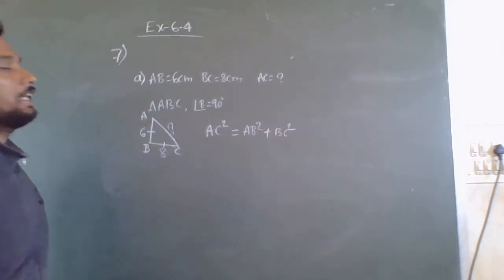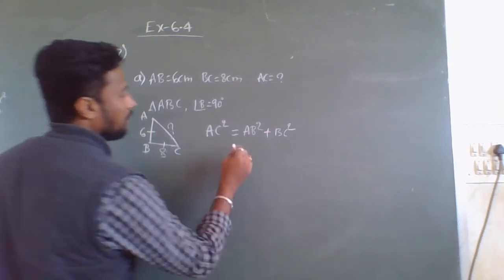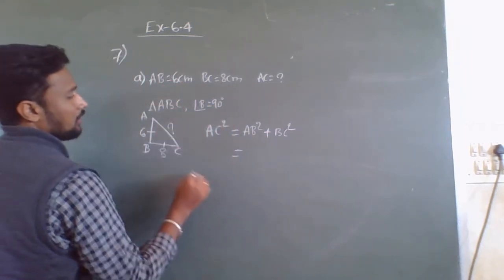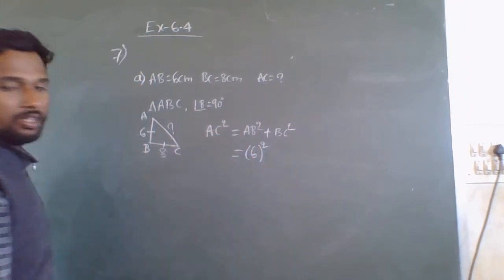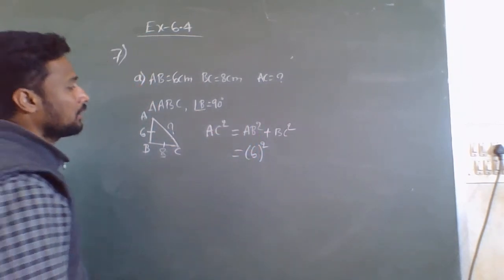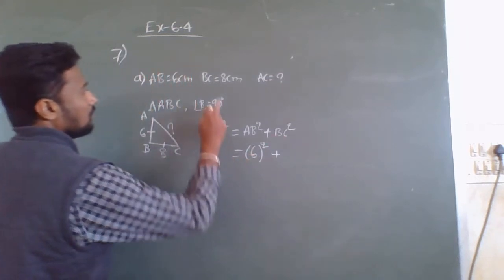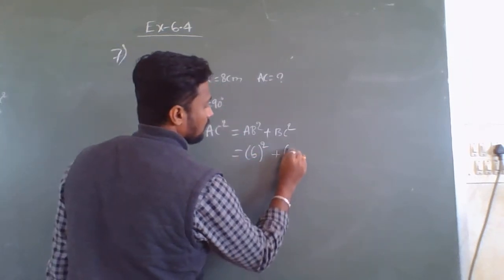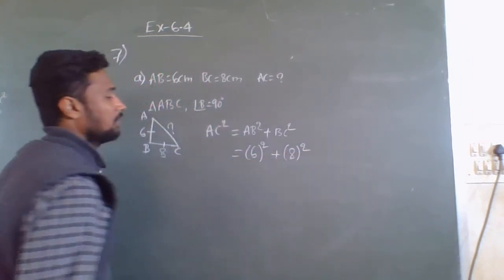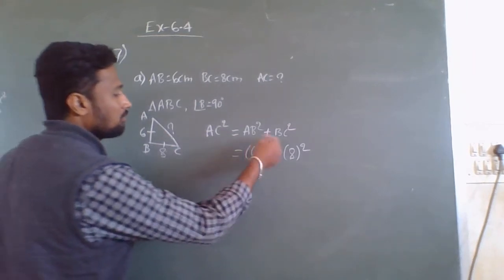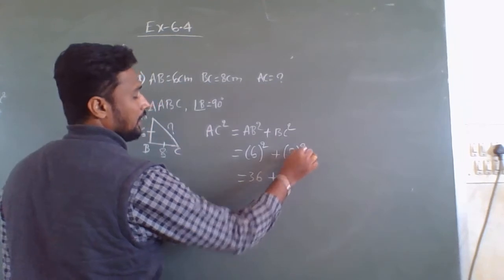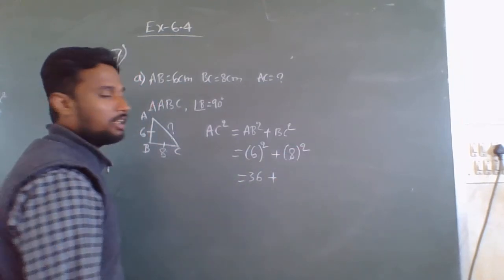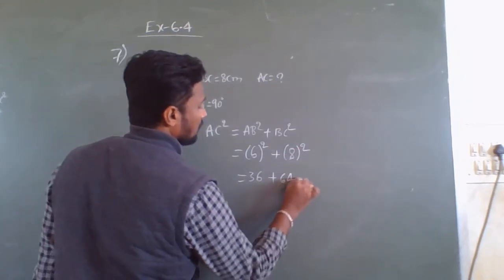So we can calculate the length of AC here because we have the AB length. What is AB? 6. So here I will write 6 square because it is AB square. Next, BC length is 8, so we can write 8 square. So 6 square means 6 into 6, what you will get? 36, plus 8 square means 8 into 8, so what you will get? 64.